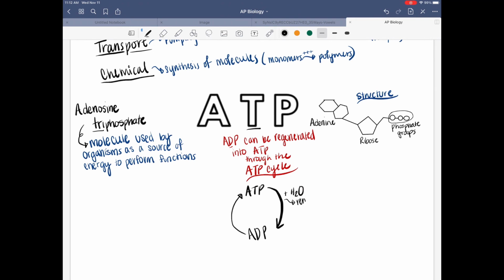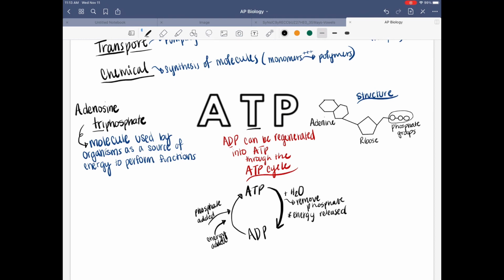For ATP to turn into ADP, we have to add a water molecule, H2O, and it removes a phosphate and releases energy. Going back from ADP to ATP is where we have to add energy in, and we also have to add in a phosphate to turn it from a diphosphate into a triphosphate.